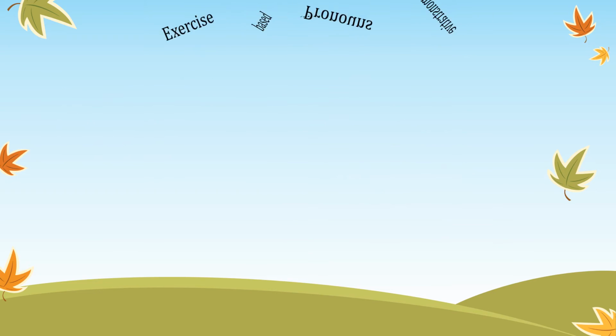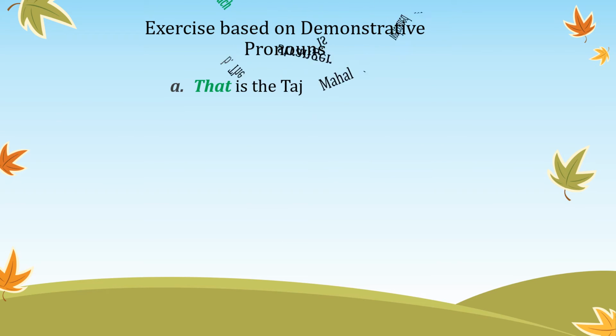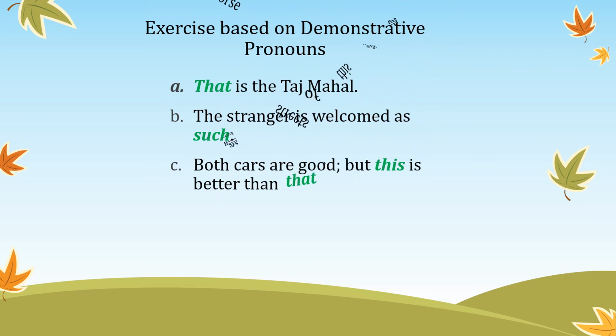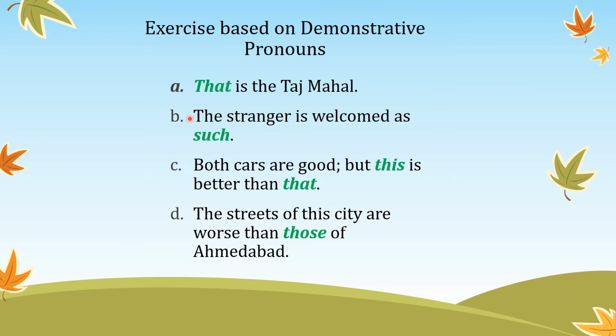Coming back to the next, some examples where you can learn. That is the Taj Mahal. The Taj Mahal is very far away from a person when he stands next to it or somewhere on the roadside or near the entrance. He would say that is the Taj Mahal, which we can see from some long distance.